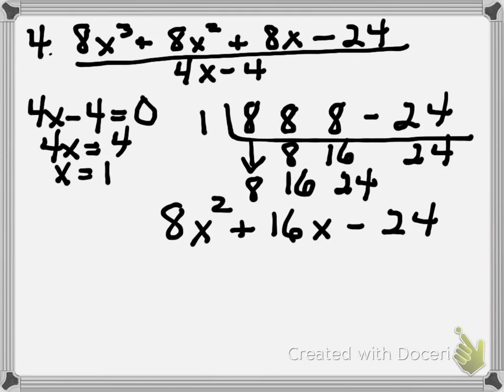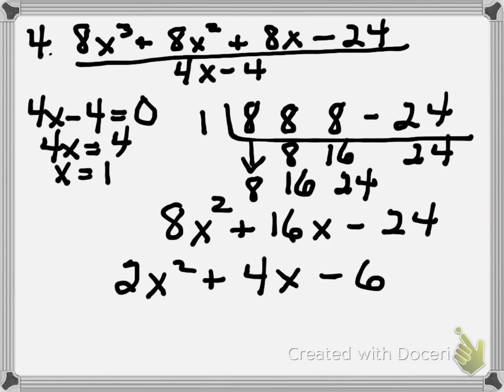However, because we divided by 4 in this problem, we're going to be able to factor out the 4, and we're getting 2x squared plus 4x minus 6.